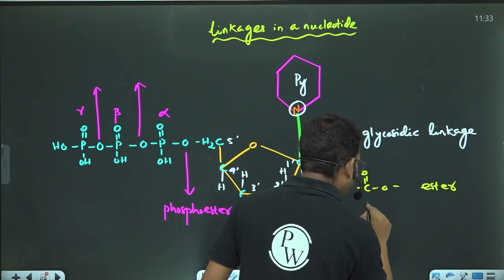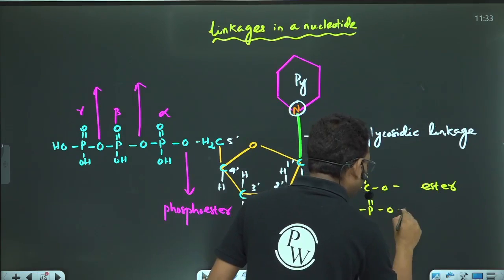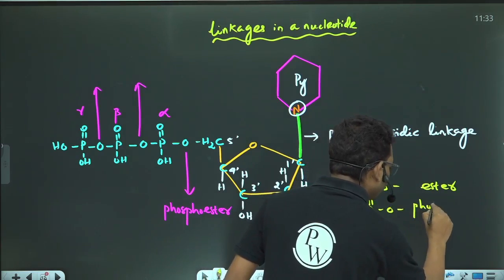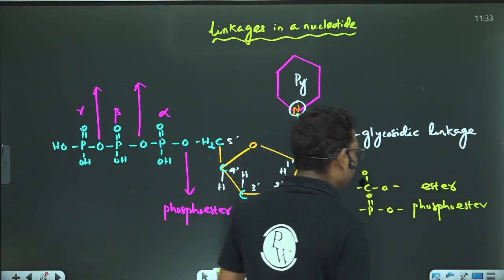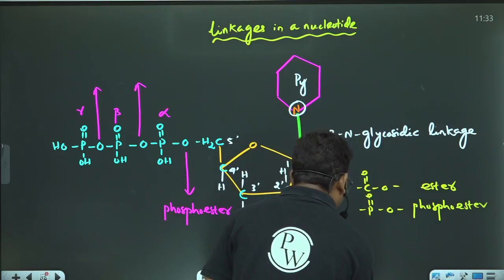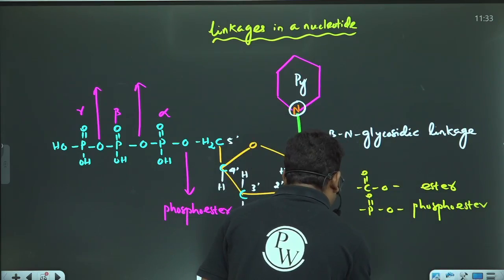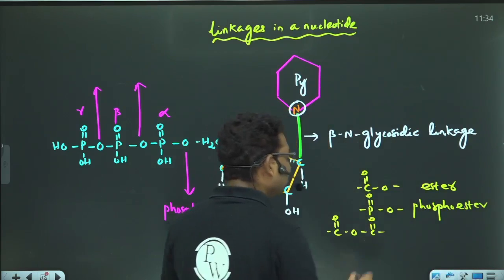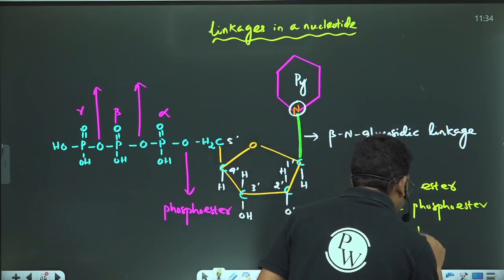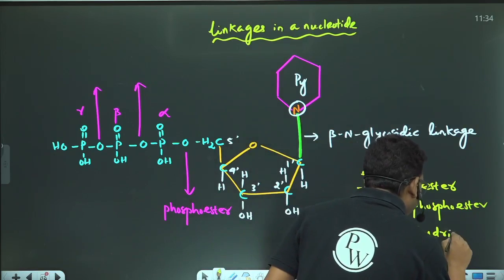So I will write P double bond O oxygen, and this will be the phosphoester linkage, right? And then if I write C double bond O oxygen, C double bond O, this is the anhydride linkage.